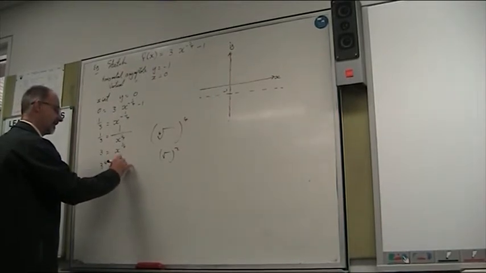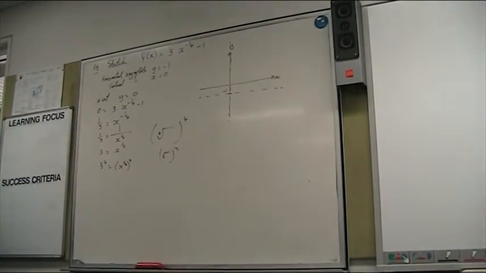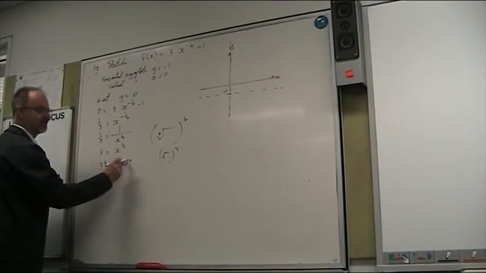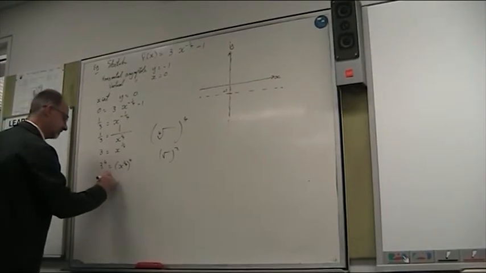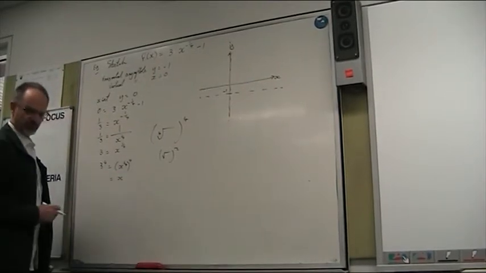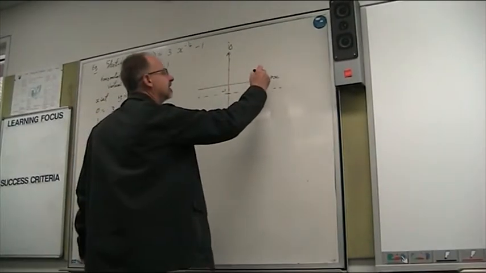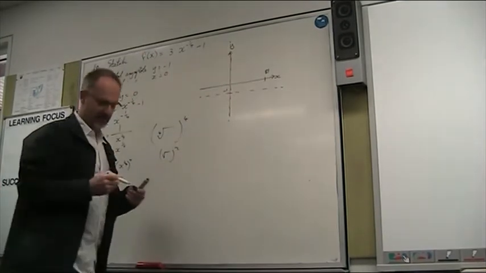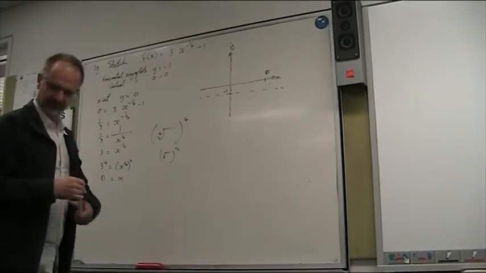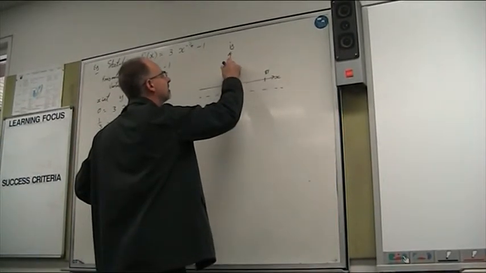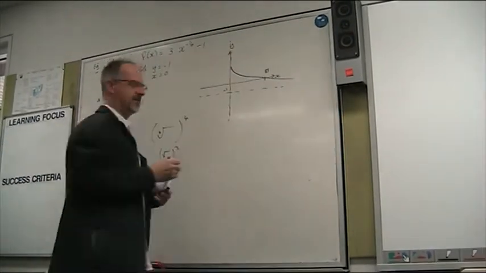That's the index law, when we multiply these two. Then 3 to the 4 is 81. So we've got an intercept down here, 81. And so our graph would look something like this.